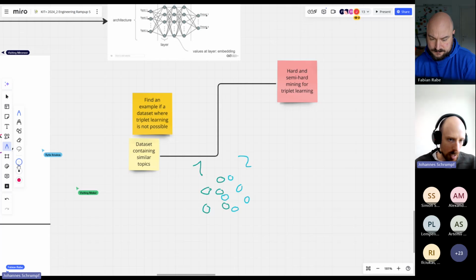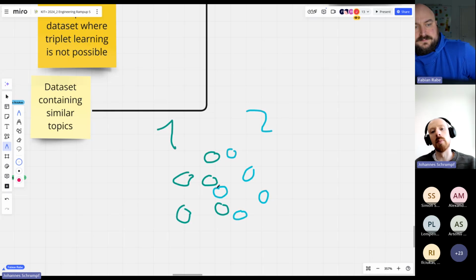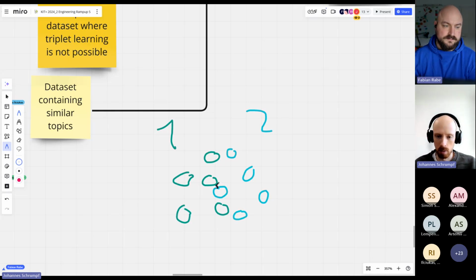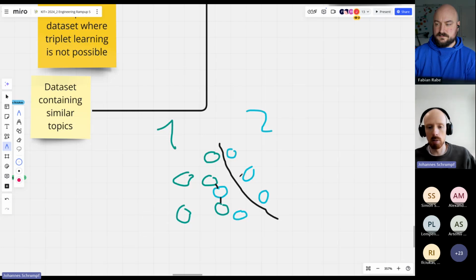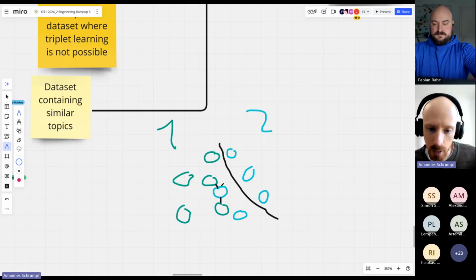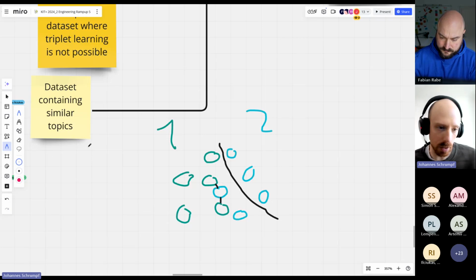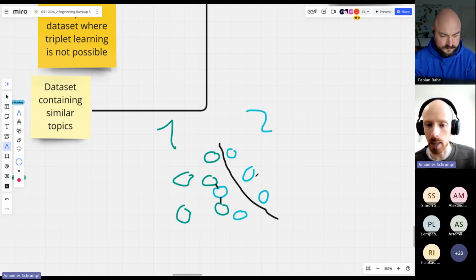And what you want to do then is find the examples here which are the most confusing to the model. So this one, for example, would be one. And you want to draw an arbitrary line between these two and say the ones that are the most confusing for the model are the hard examples, and the ones less confusing for the model are the easier examples.